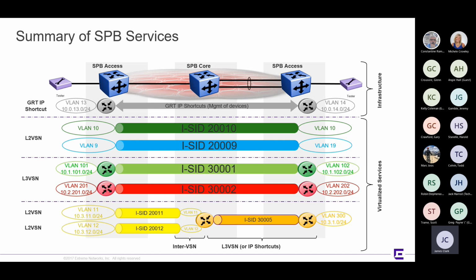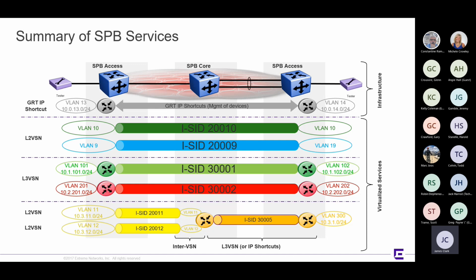VLAN 12 gets subnets of the nodes assigned to 10.3.12, etc. They get to the switch, the BCB in this example because it's showing in the middle, but that would actually be a BEB. And so VLAN 11 to 12 gets configured there, and those ISIDs would get combined and shipped out through ISID 30,005, so that everybody else in the network could see those subnets and would get routed across the networks.